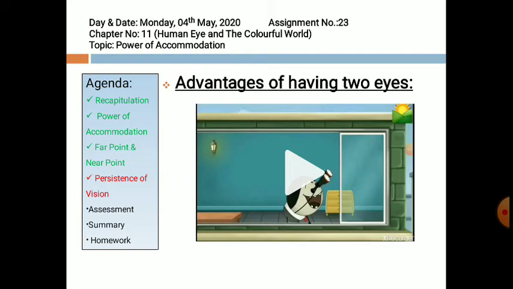Our two eyes are placed on the front of our heads and are separated by a few centimeters. Each eye sees a slightly different image. Our brains combine the two images into one, using the extra information to tell us how close or far away things are. Now let's play this animation.